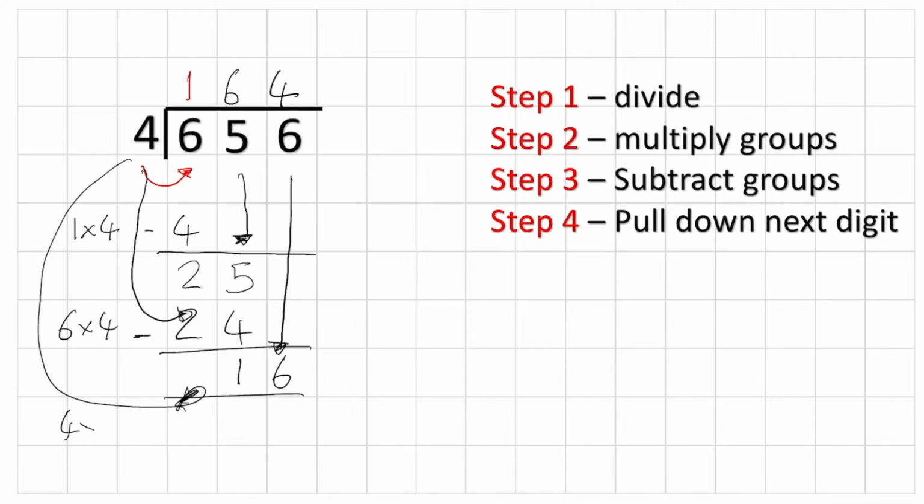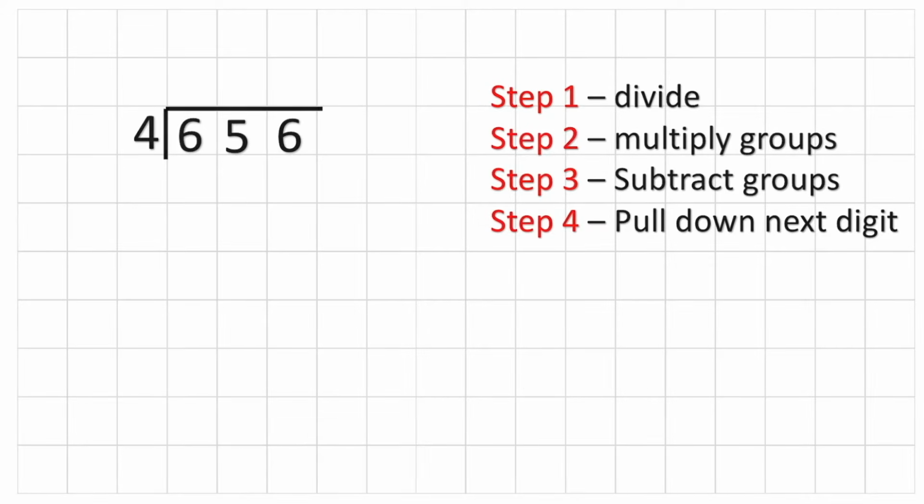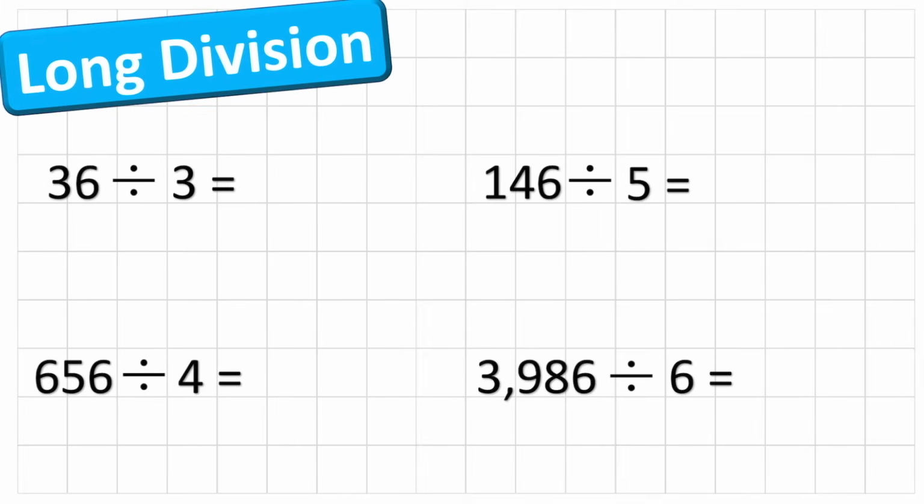Now I can do my 4 times 4 and I work out that that's 16. 16 subtract 16 is 0, my magic number, meaning that we've finished this question. So 656 divided by 4 equals 164. Good job.